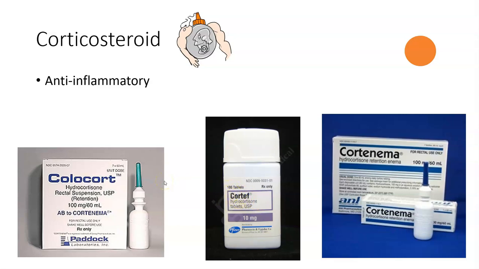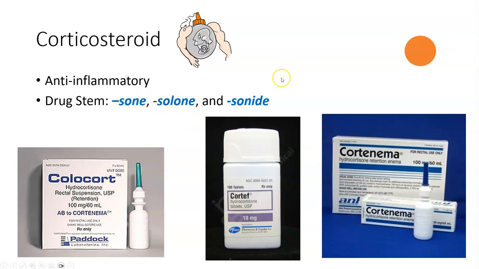Now, when we are learning corticosteroids, they have different drug endings, and there's multiples. Here we're seeing cortisone, so it ends in zone. It could end in solone, like prednisolone, or onide, like budesonide. So if you're looking at the list in your book, you're going to see some of these other drug stems. Identifying a drug stem says, oh, it's a steroid.